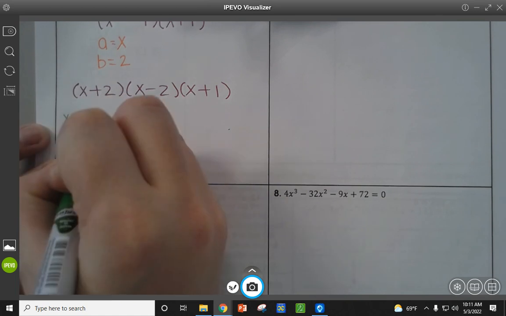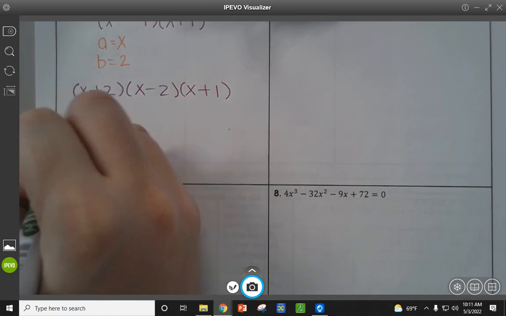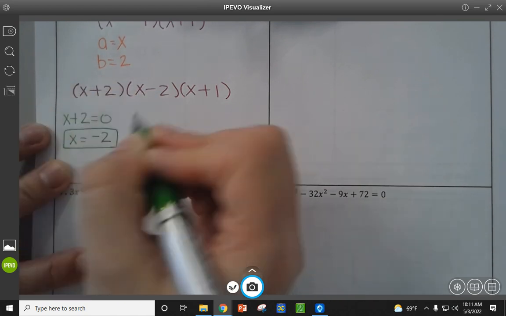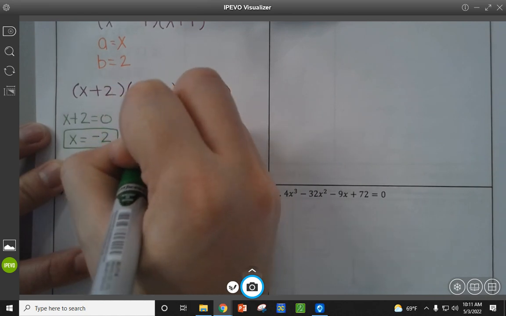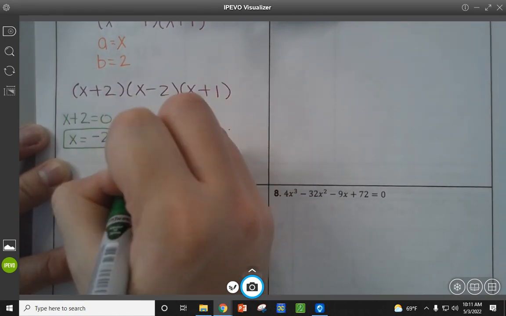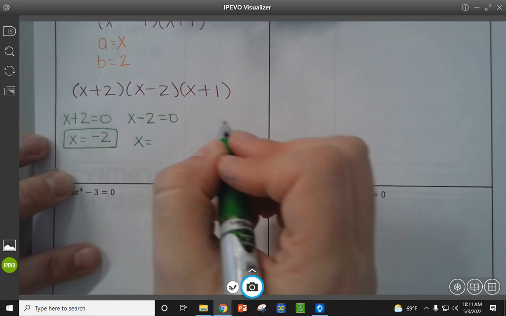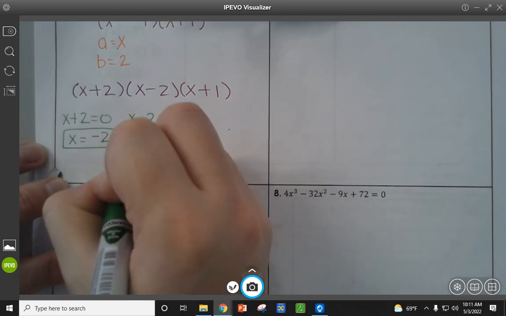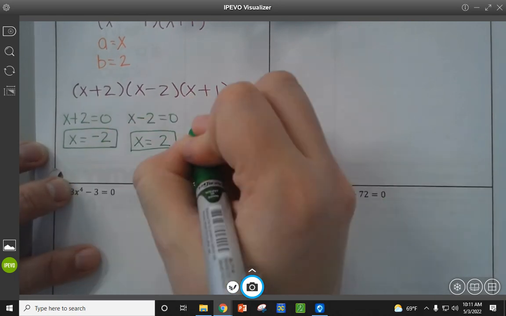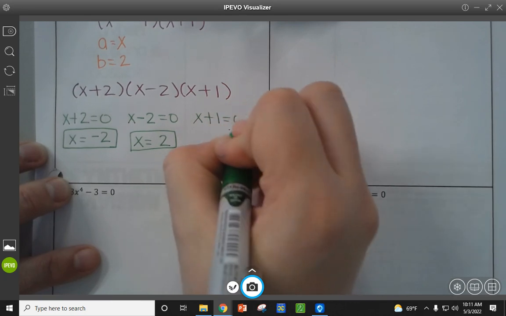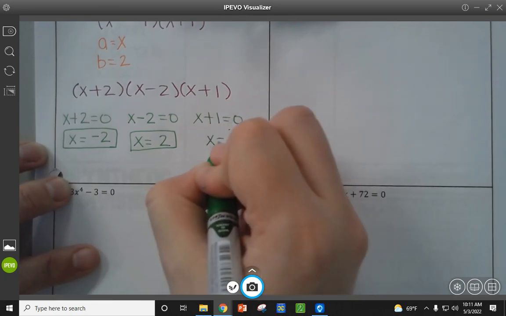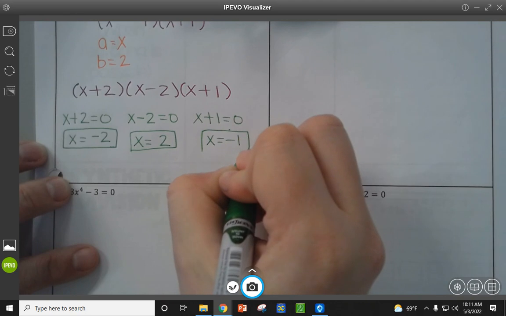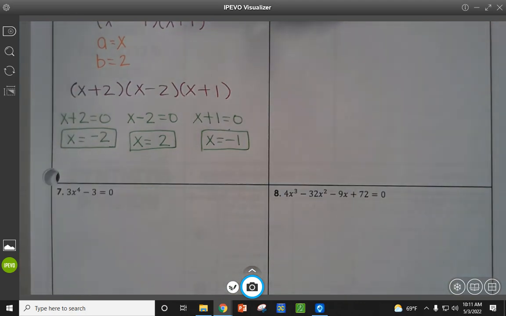So x equals negative 2. x minus 2 equals 0. So x equals positive 2. And x plus 1 equals 0. x equals negative 1. Good. Are there any questions?